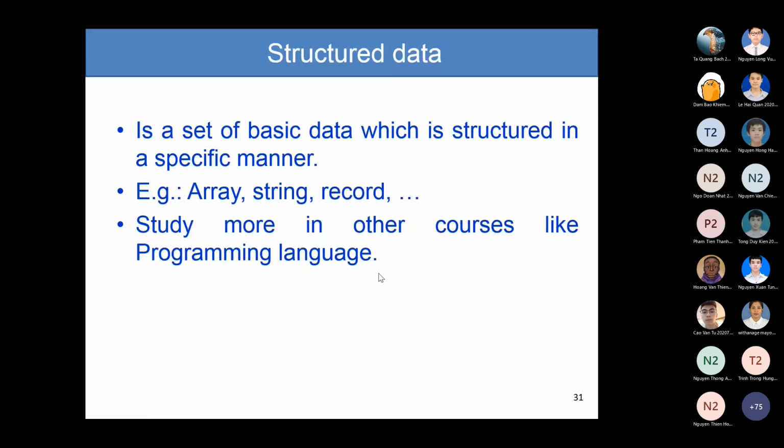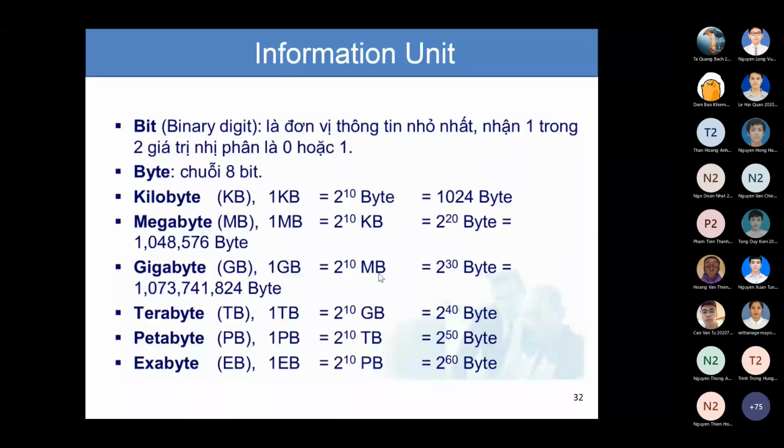Okay, so this slide shows the units of information. The smallest one is bit. Bit stands for binary digit. So bit is the smallest unit of information, and a bit may be 0 or 1, the two digits of the binary system.